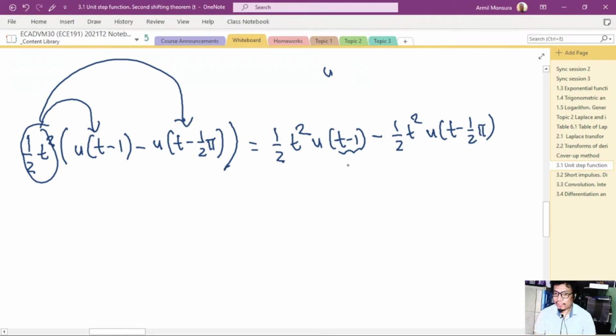So you don't multiply u with t here, because this is an independent variable. We take this as one cohesive symbol, not separate entities, so they don't get multiplied. That's my point, so be very careful when you look at this kind of expression.